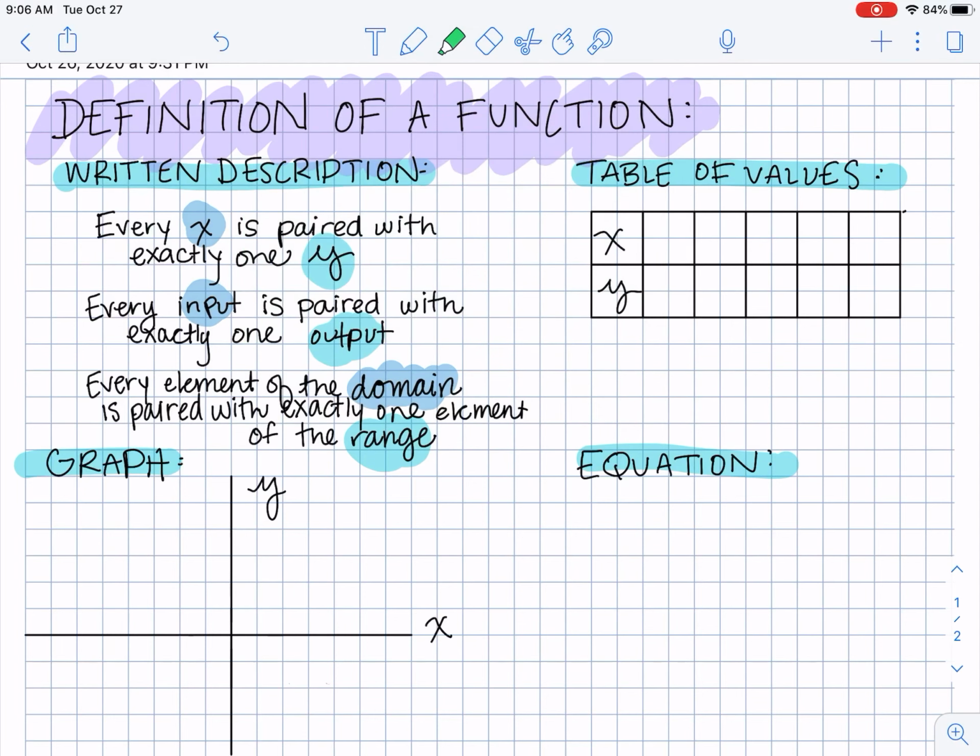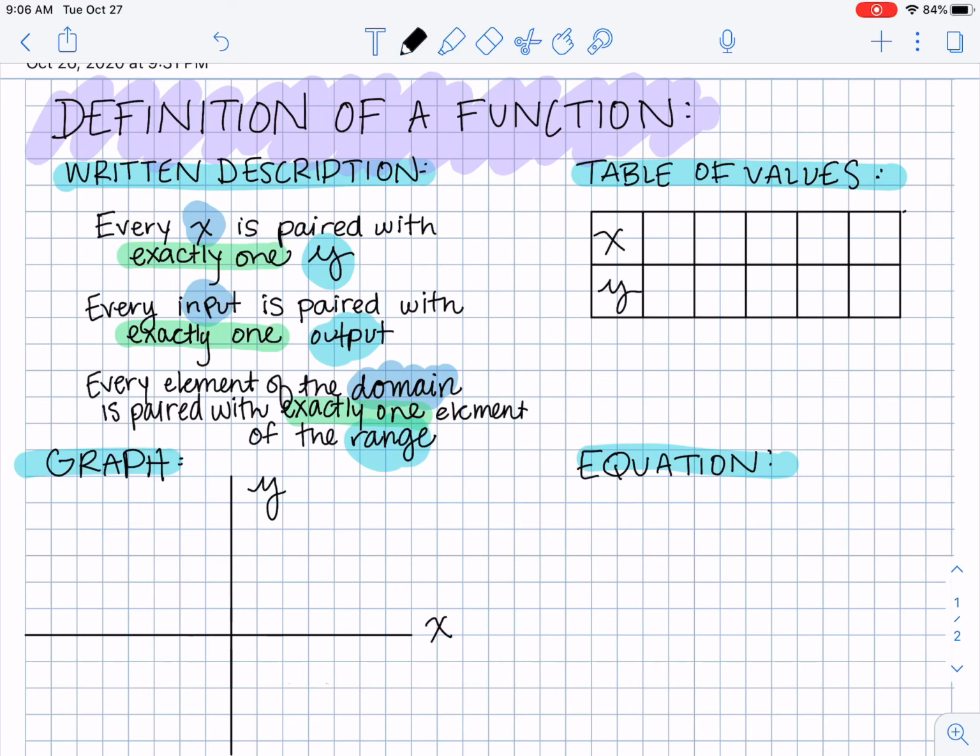The other thing that we have going on with this definition is that there is exactly one. Every input is paired with exactly one output, and every element of the domain is paired with exactly one element of the range. So there is this oneness.